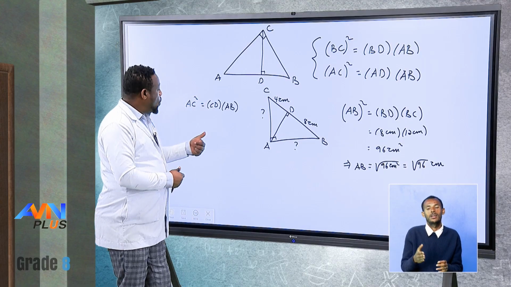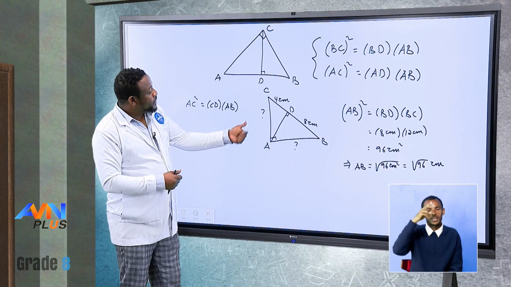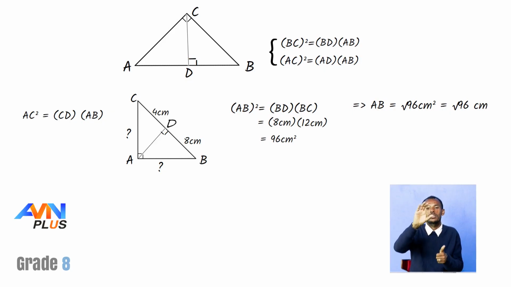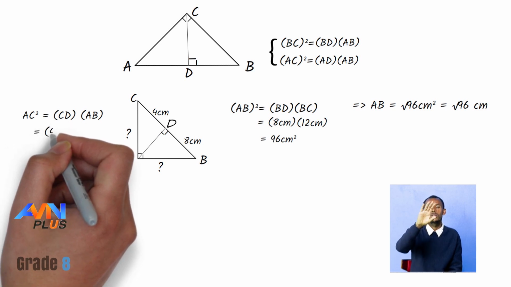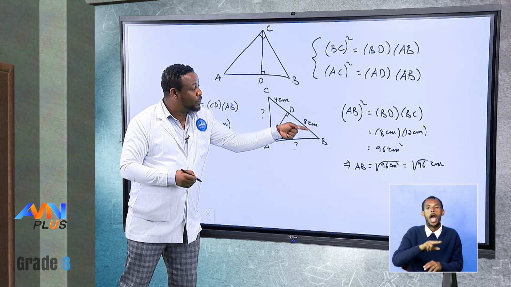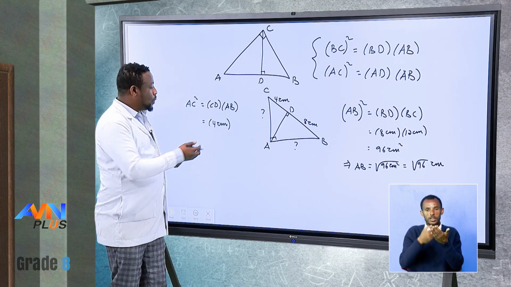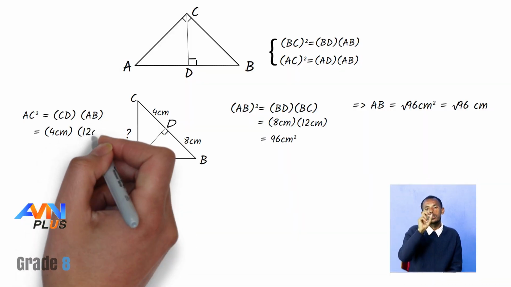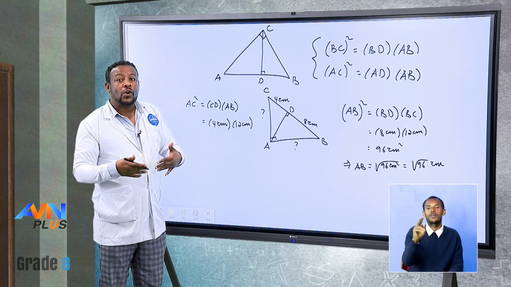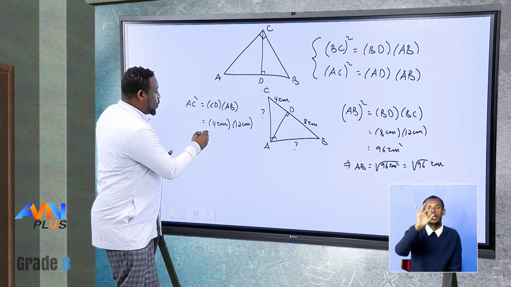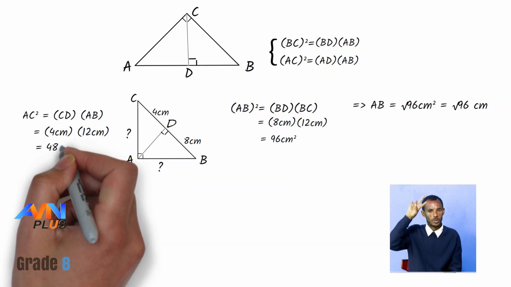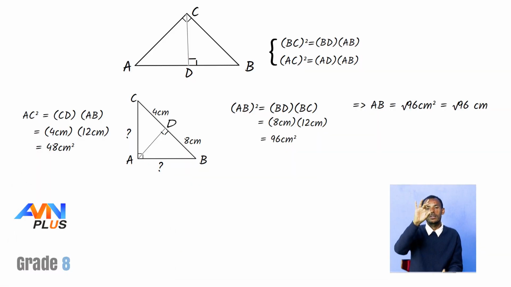So AC square is equal to CD, which is 4 centimeter, times CB, the hypotenuse, which is the sum of these two segments, so 12 centimeter. 4 times 12 is 48, and centimeter times centimeter is centimeter square. So this becomes 48 centimeter square.